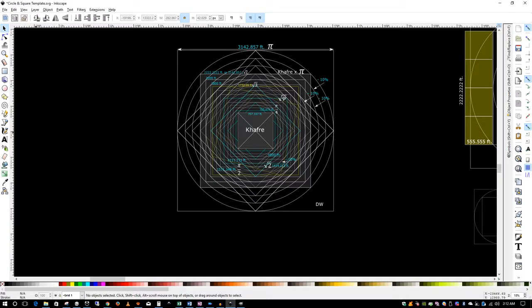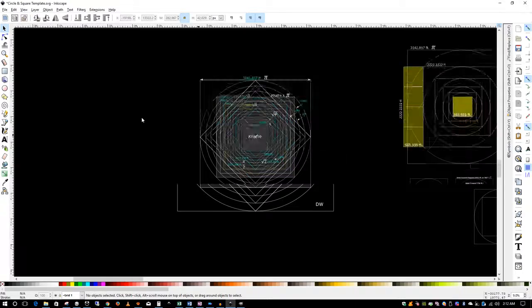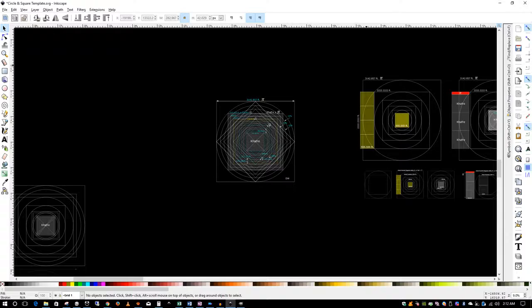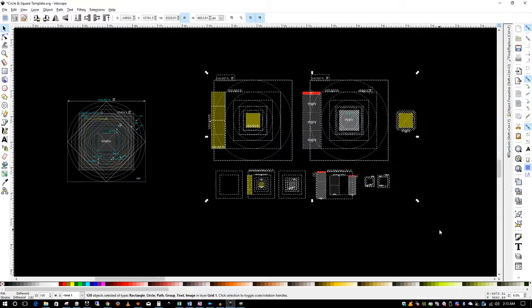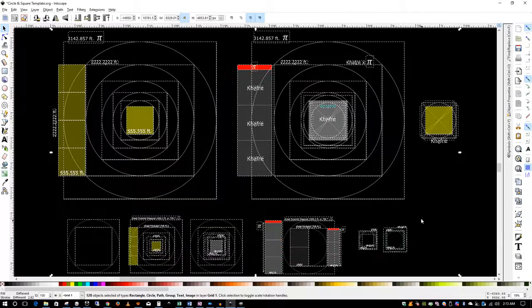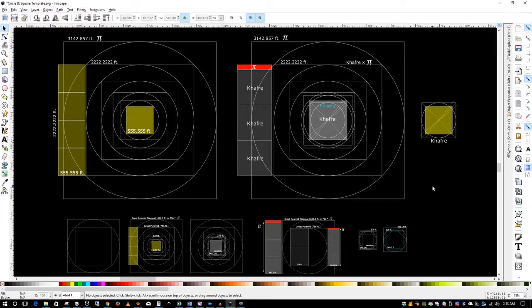As soon as I get to that point, I'll share it with you guys. I just wanted to show you kind of what is going on here. There's definitely cracking the code, and I wanted to share it with you so that you can see it yourself firsthand and see these numbers in harmony.